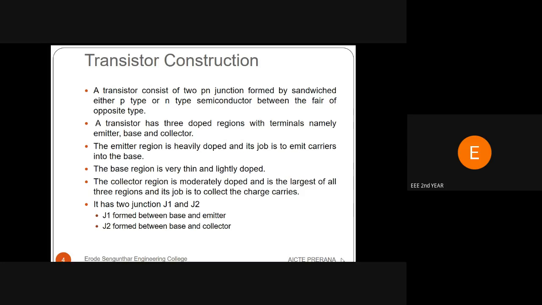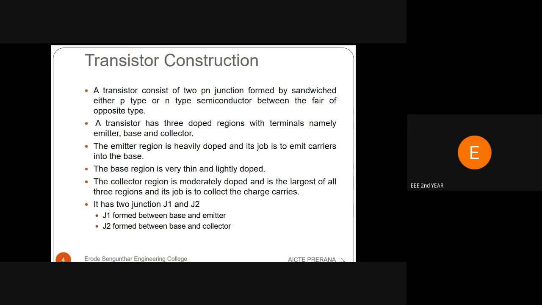The next region is the collector region. This is situated on the other side of the transistor. The collector region is a moderately doped region. The main function of the collector is to collect the charge carriers. Compared to the emitter and base, the physical size of the collector region is very large.